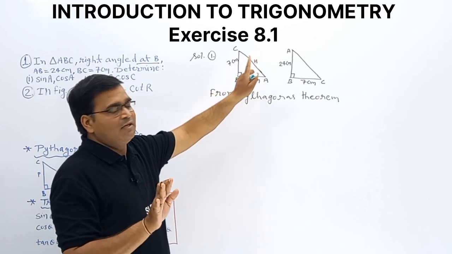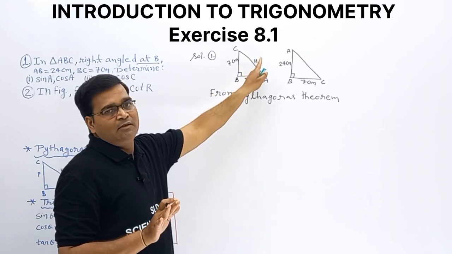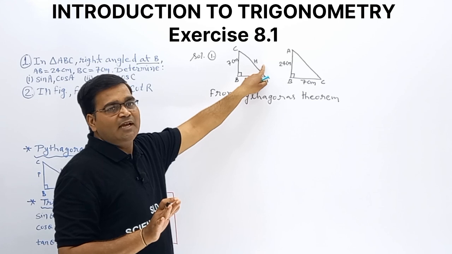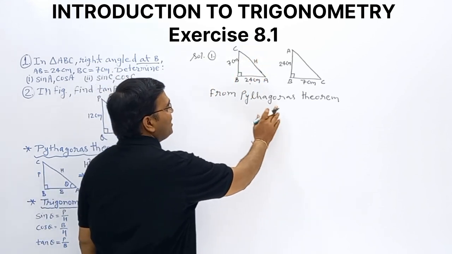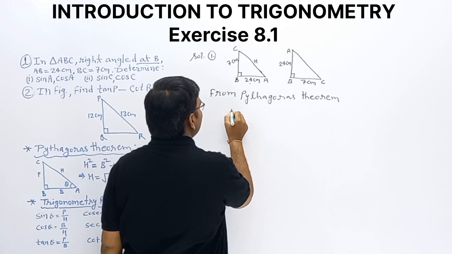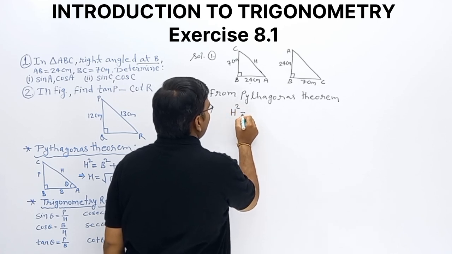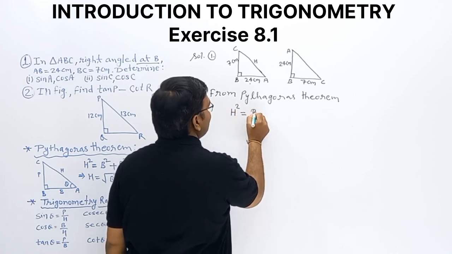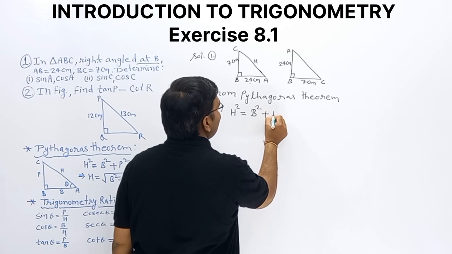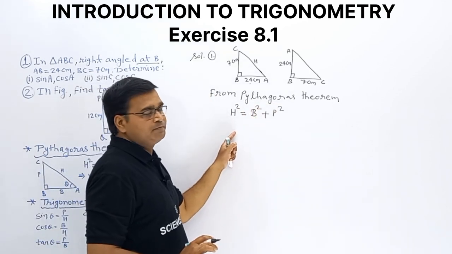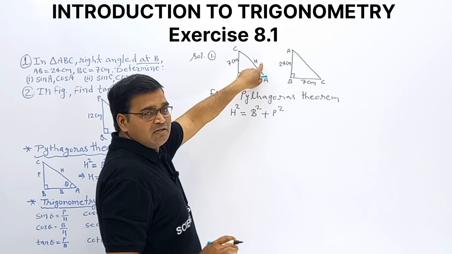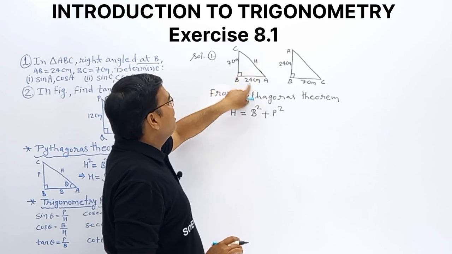It is fixed. Opposite of the 90 degree, whatever side we are having is called the hypotenuse. So from the Pythagoras theorem, H square equals base square plus perpendicular square. Clear?